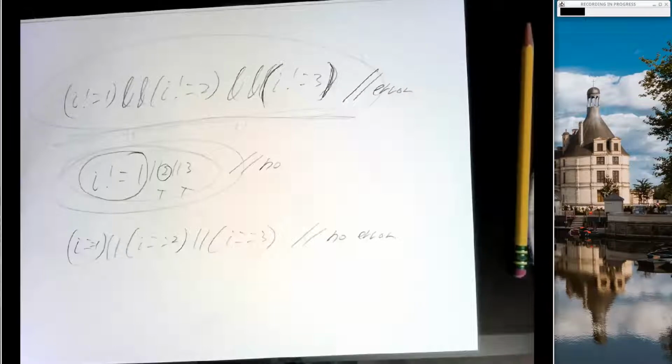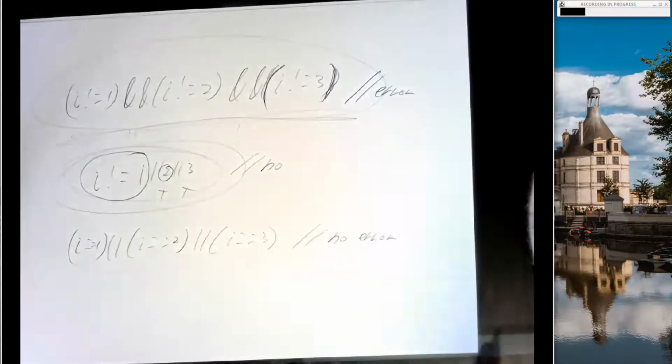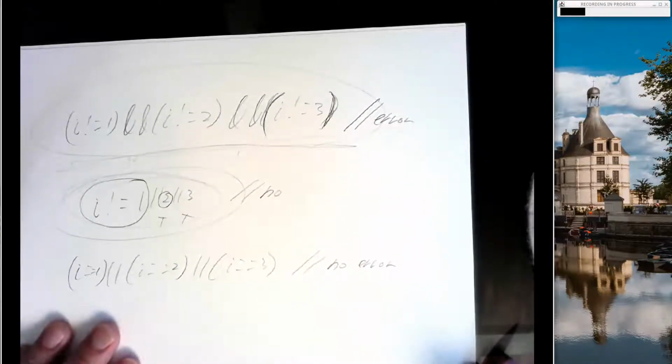Correct me if I'm wrong, but I'm interpreting the top one here like, if the answer was, or if i was 3, for example, would this always be false, almost no matter what you gave it? No, hold on.